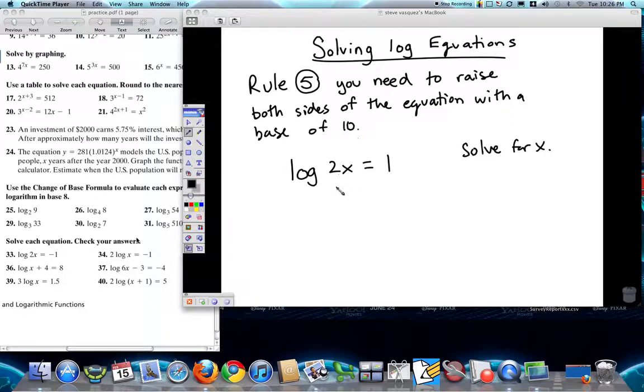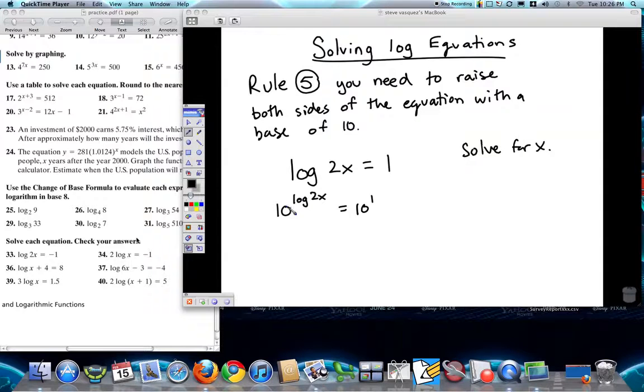So on my next line, I'm going to put a 10 raised up to the power of log 2x is equal to, sorry, check that. We're going up to base 10, so I'm going to do 10 to the power of 1.